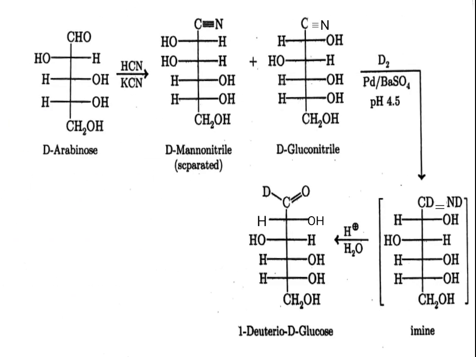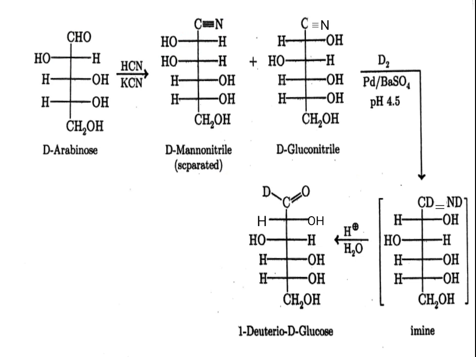Now this is your D-arabinose. This one is the D-arabinose. If you add the HCN and KCN, this is just a step up reaction. This CHO will give this CHOH, and CN will be added. Then you can get this one and this one.